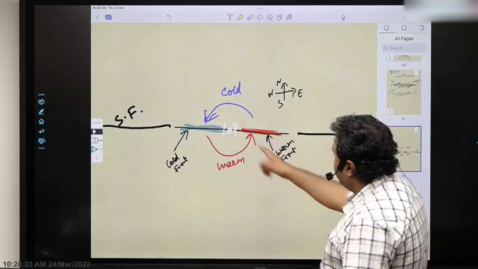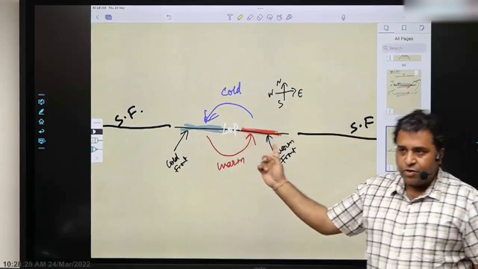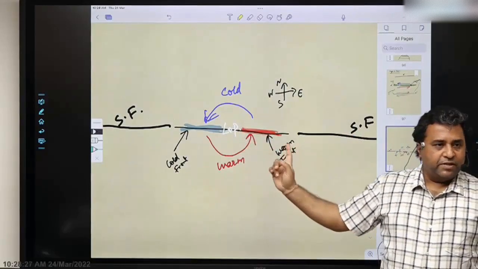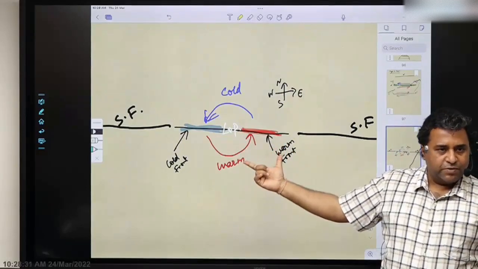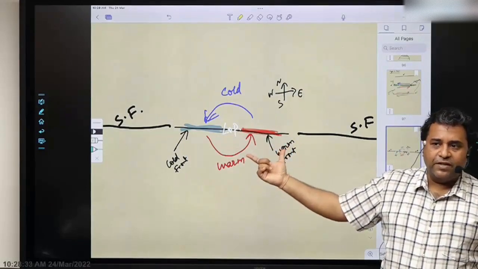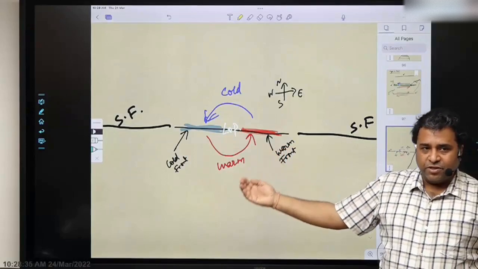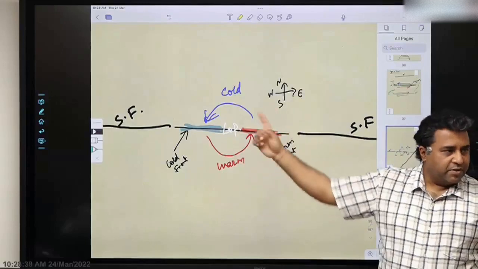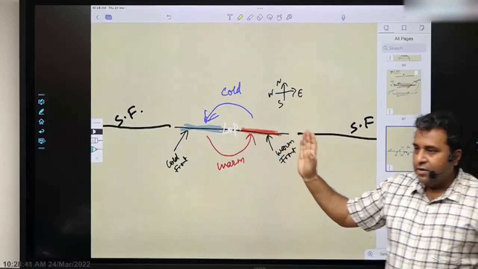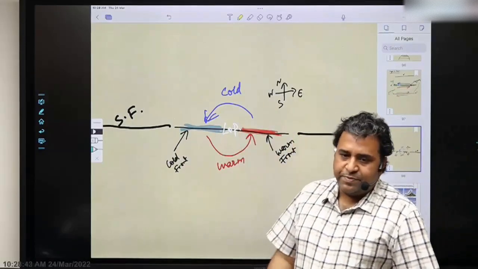So this part you call as warm front, and I hope everyone has drawn. This is your warm front and this is the moving front. Why? Because it is being pushed by warm air. Why is it pushing? Because of the spiraling thing. Now write down next paragraph.